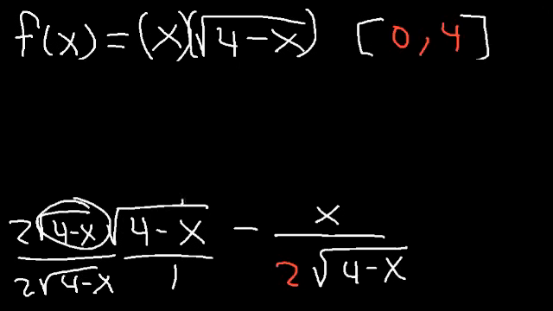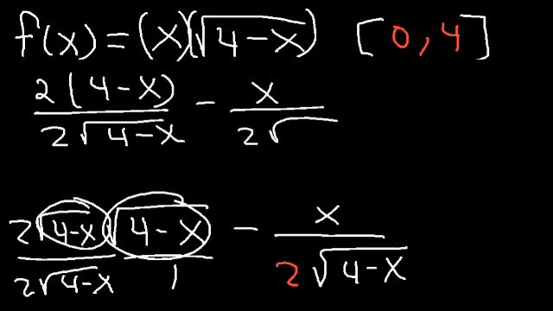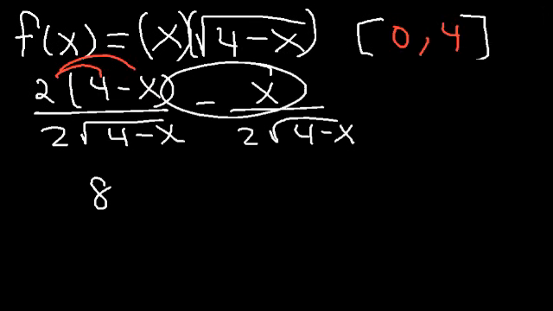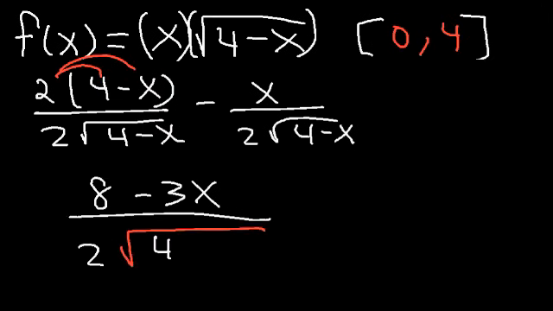So these two, the square root of 4 minus x times the square root of 4 minus x, is simply 4 minus x. Now that we have the same denominator, we can combine the numerators of the two fractions. So 2 times 4 is 8 if we distribute the 2. 2 times negative x is negative 2x minus x, that's a negative 3x. So this is the first derivative in its simplified form.